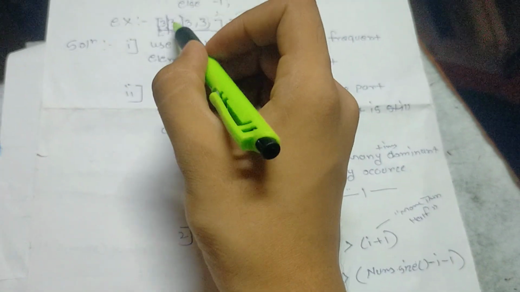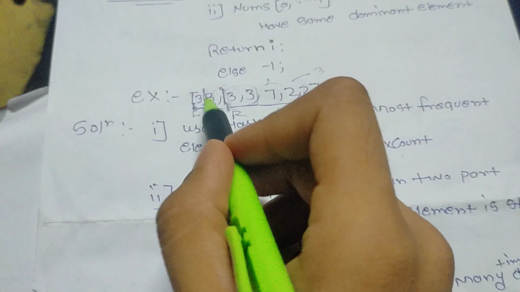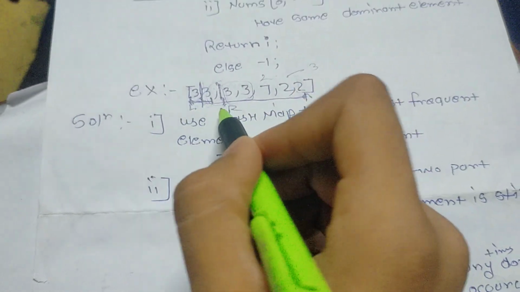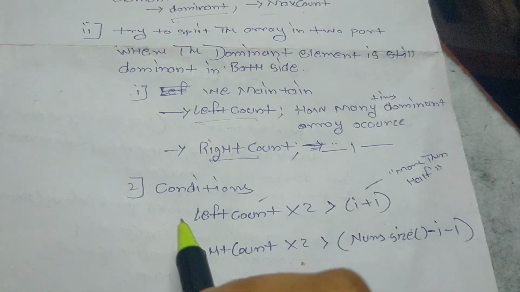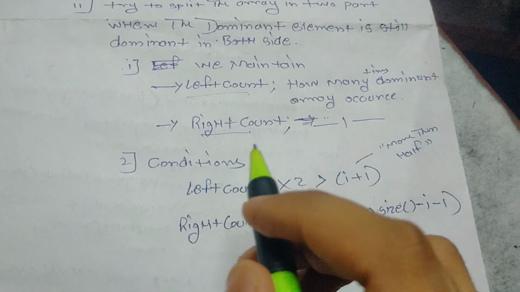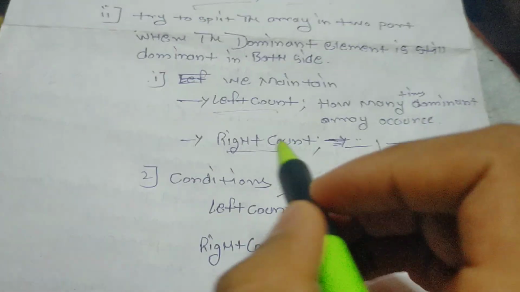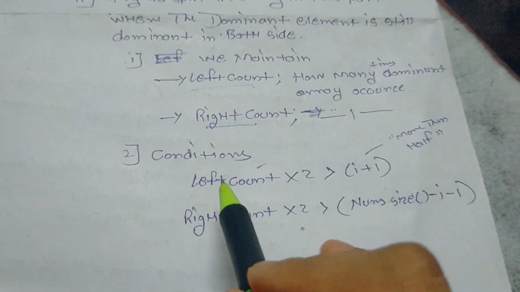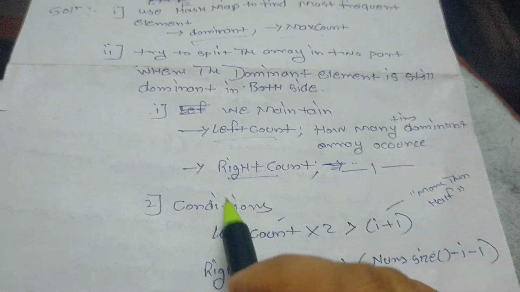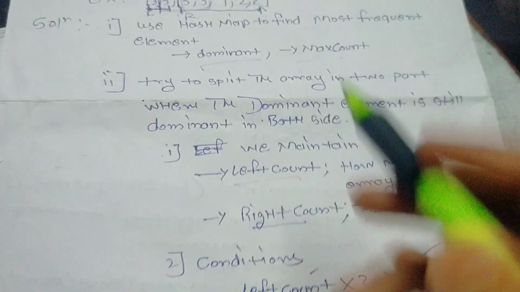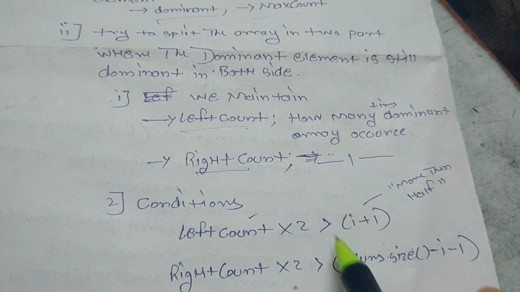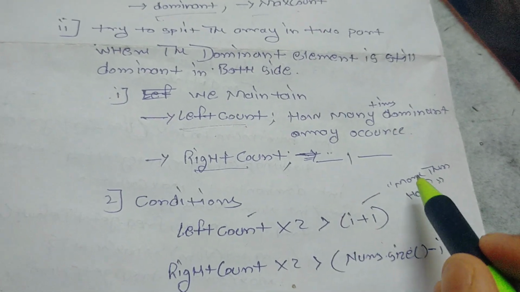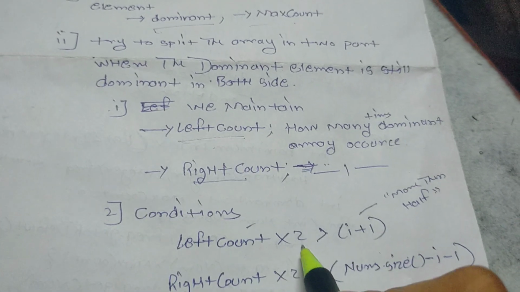As we see here, left has only one element and the right has all the elements. So what is the condition for left and right? The left count means how many times the dominant element occurs. If the left count is more than half of the length, that means left count into 2 should be greater than the length.